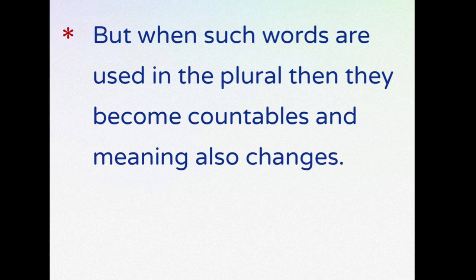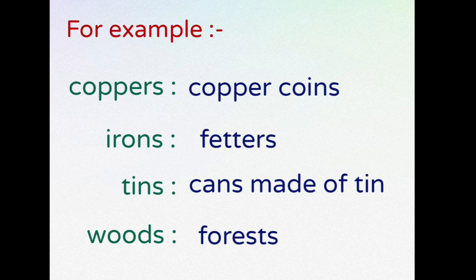For example, copper, if it's taken as plural coppers, means copper coins. Irons means fetters. Tins means cans made of tin. And woods means forest. So I really hope you have understood this topic thoroughly.